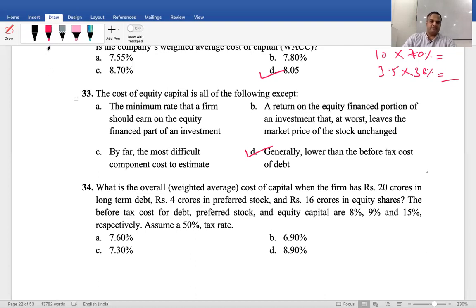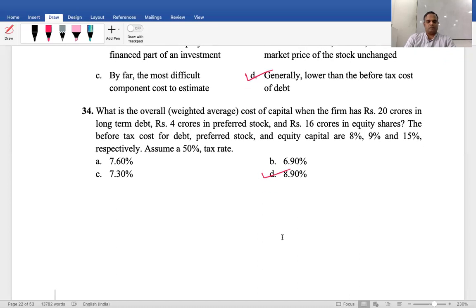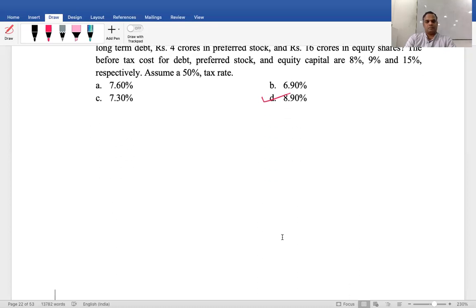D is the correct answer. Check. Got it or not? Understood? Able to follow? Good. Come.